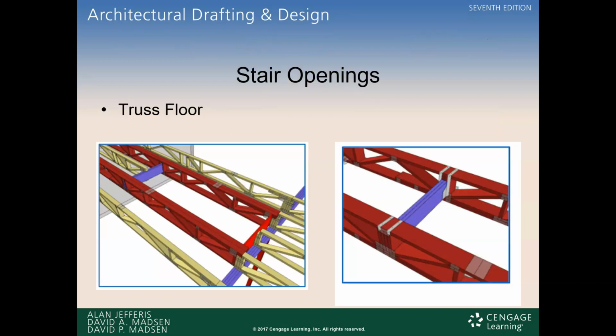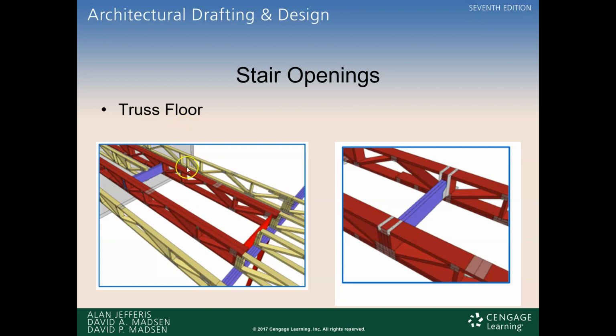We started our discussion looking at a stair opening in 3D using SketchUp, and this is just another way to kind of discuss how we create that opening. On a typical floor, our floor members are going to run parallel to one another at a certain distance on center, but to get a stairway through a floor, we have to stop some of those, in this case, trusses from passing all the way through.